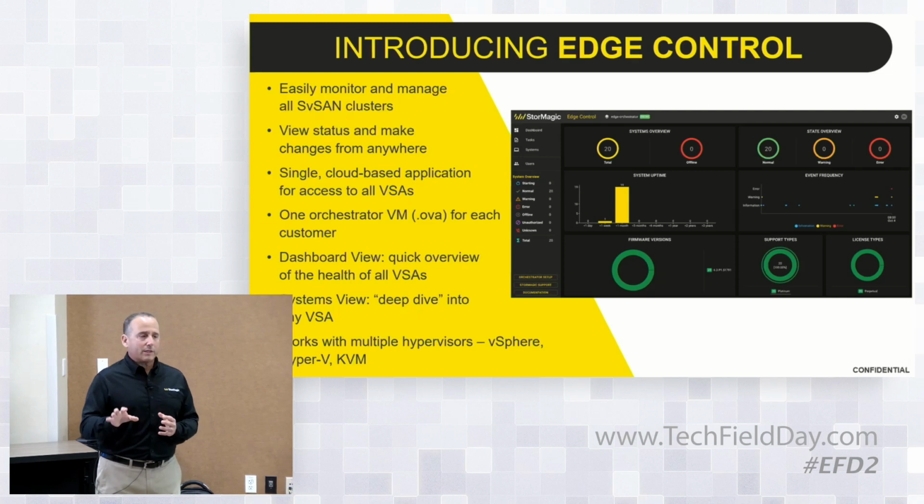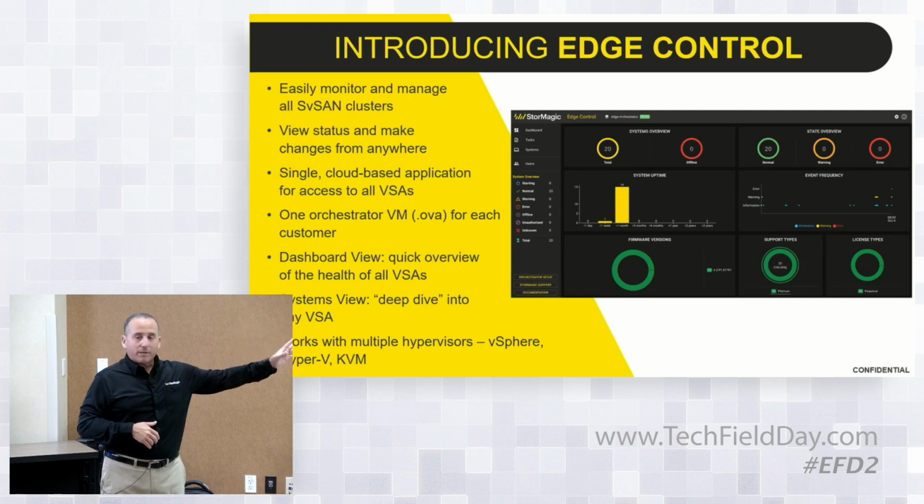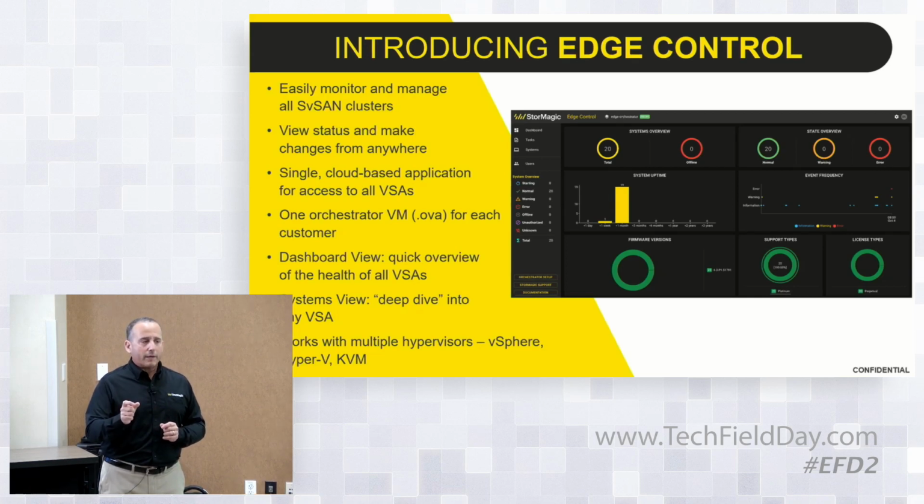The way this works, it's a SaaS-based application, so it's running in the cloud. A customer would create an account for themselves. They can create sub-accounts for admin or view only, depending on how many people in their organization they want to use it. And then the other architectural piece is that they would install one VM, an OVA, anywhere on their network, and we call that the orchestrator.